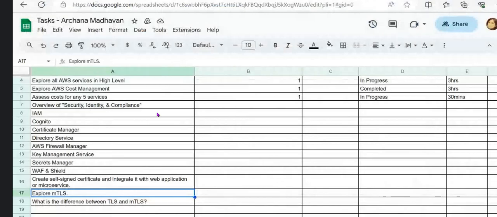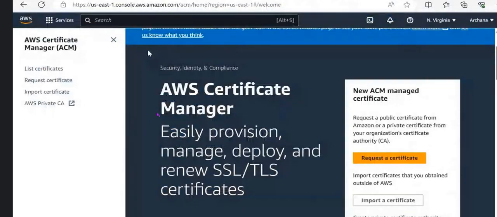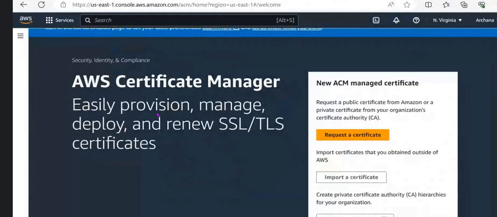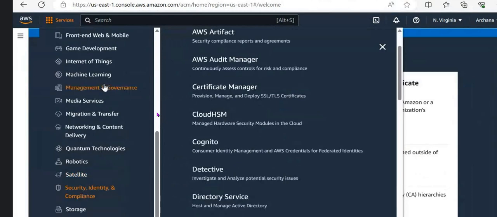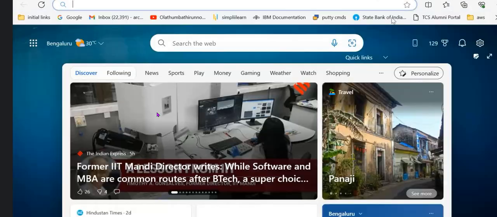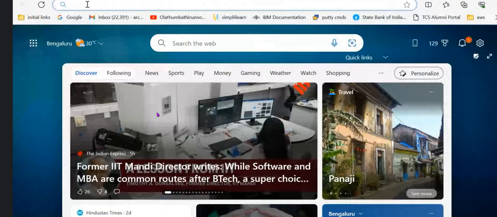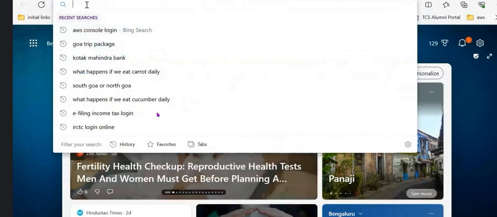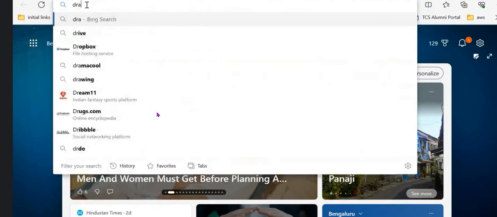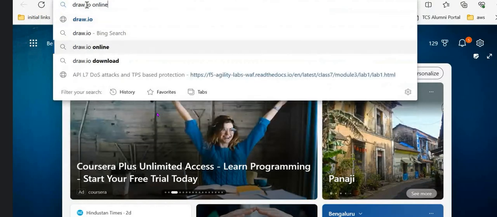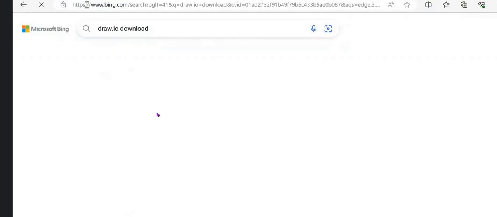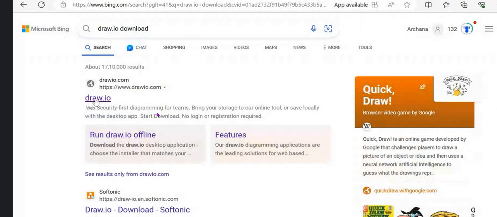Have you used any design tools for drawing architectures and all? No, I haven't. Go to another tab and open draw.io. You can download it later on.